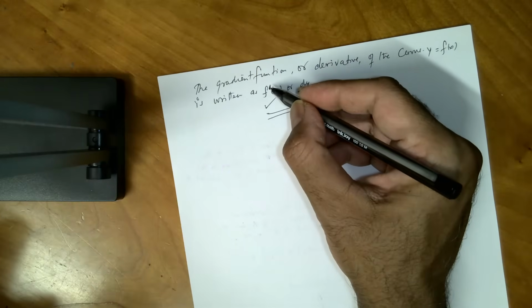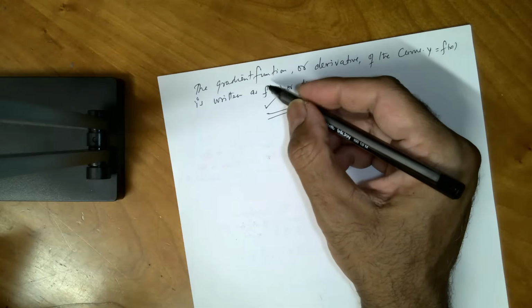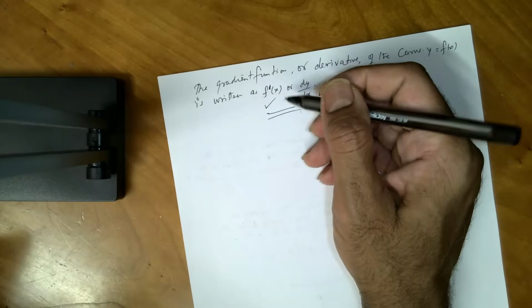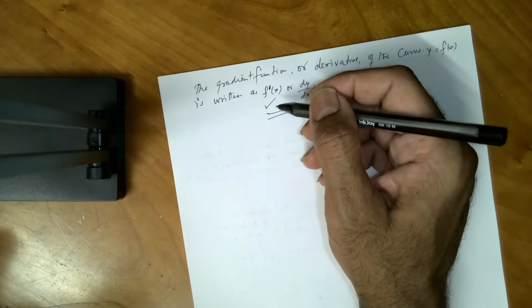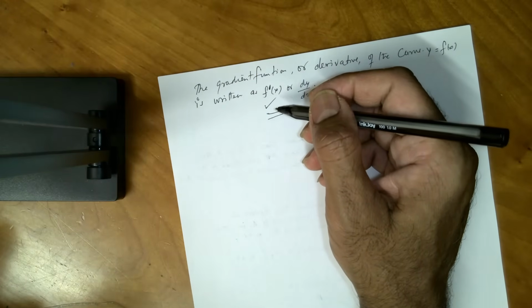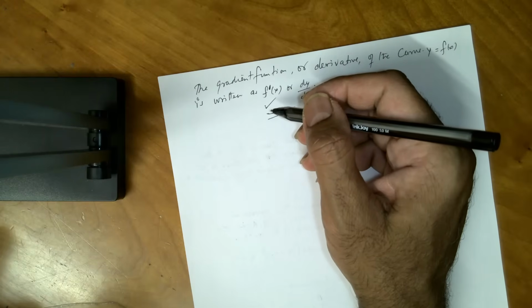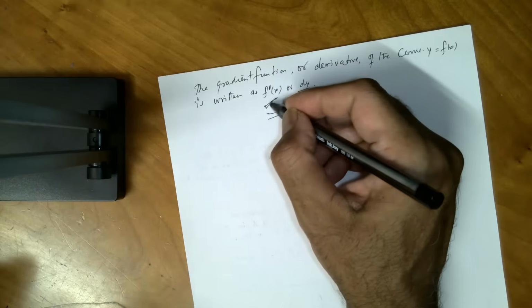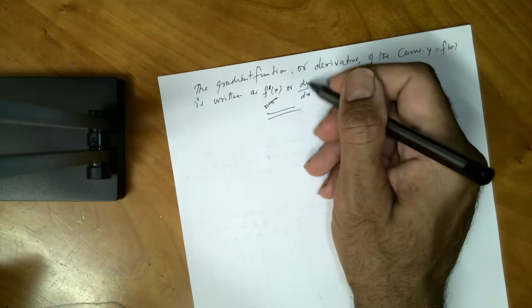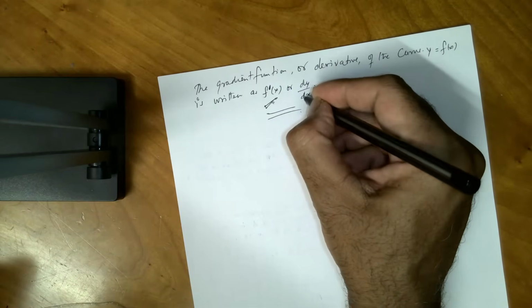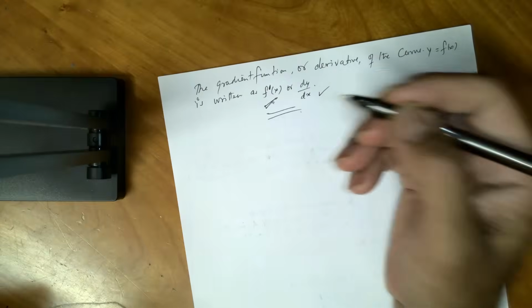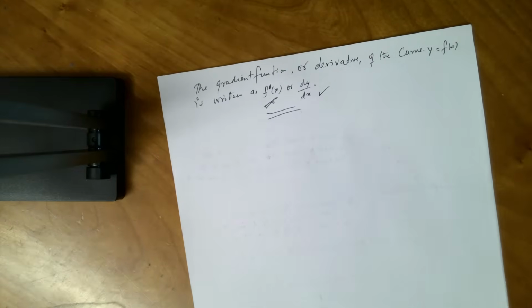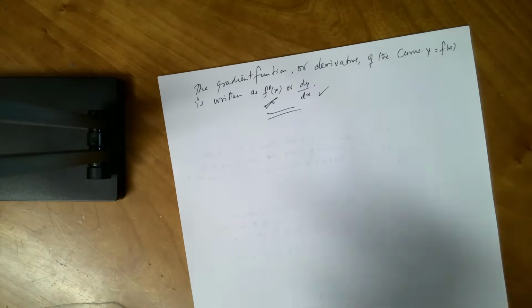This is pronounced f prime of x, but we don't really use that. Rather we read it as the first derivative of f at the point x. So when I write it like this, this is what I mean, or dy by dx. This is what we get in derivative form, and it will be used a lot.